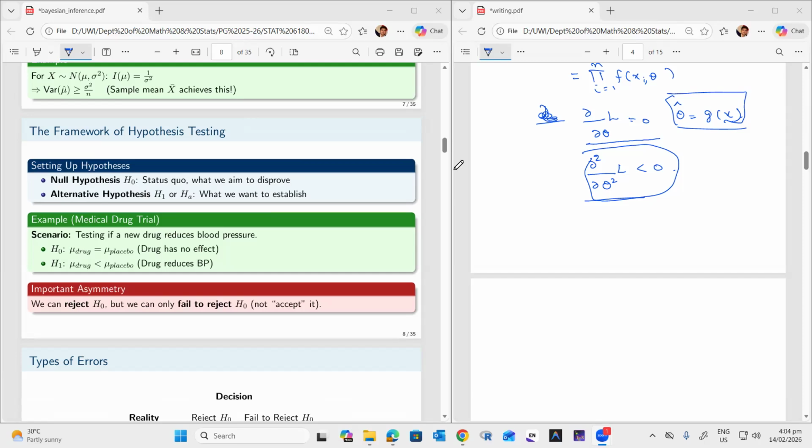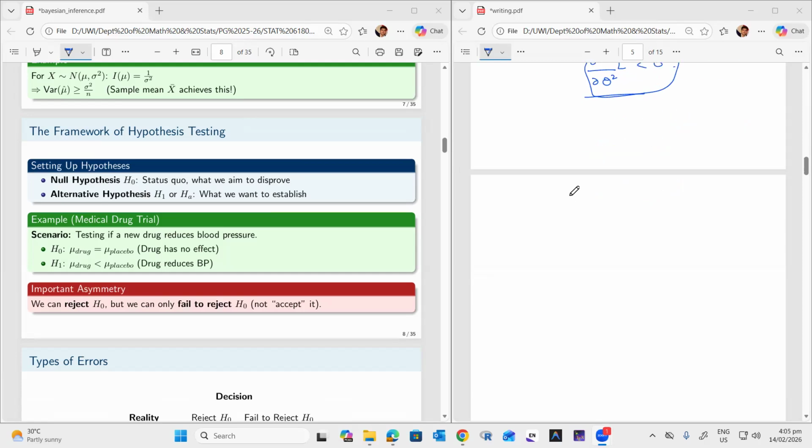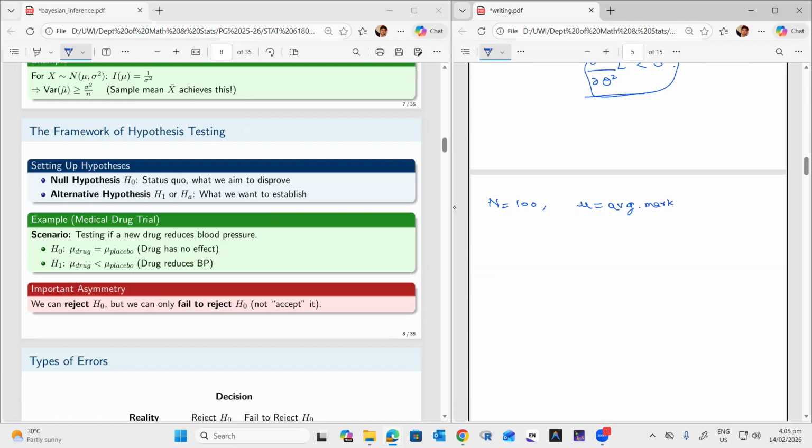For example, in a class, suppose I have a total of 100 students, so the population size is 100, and I claim that mu, the average marks of a student, is 75%.